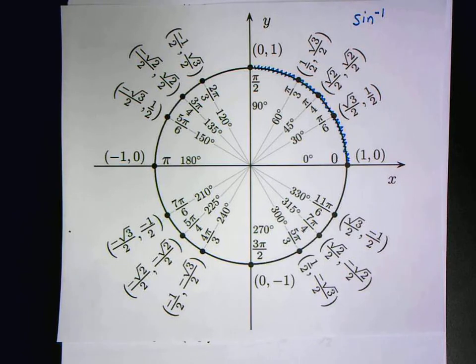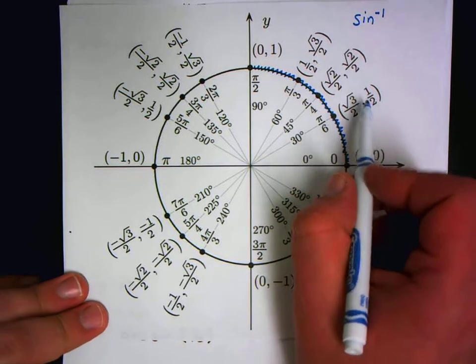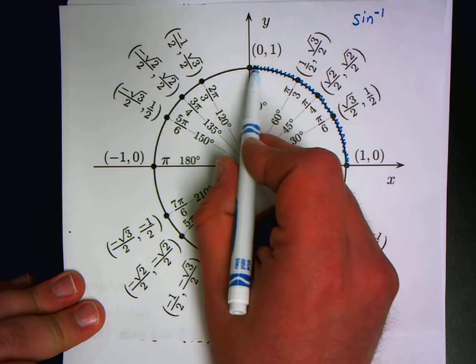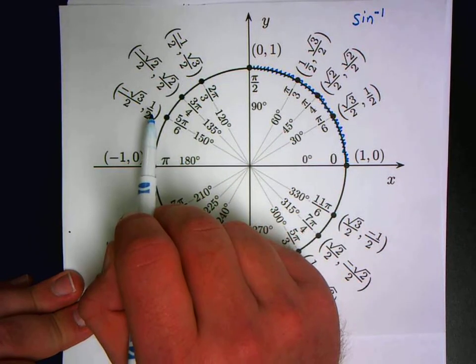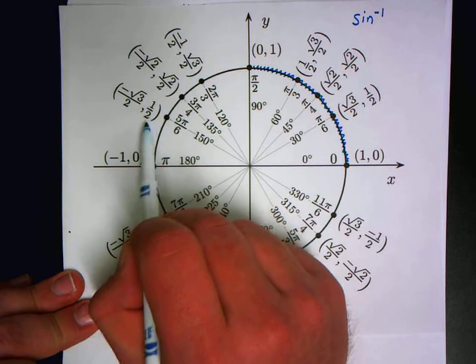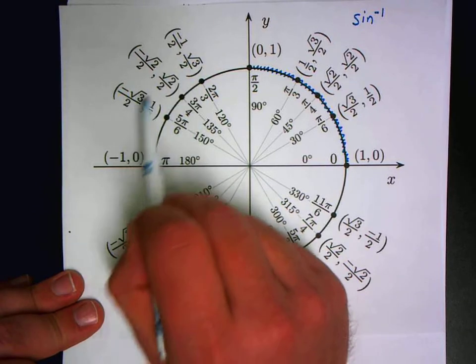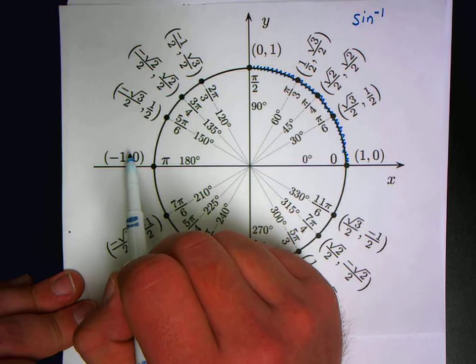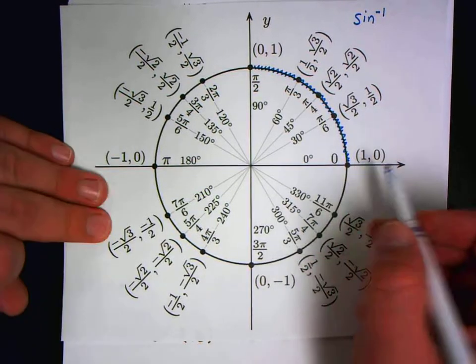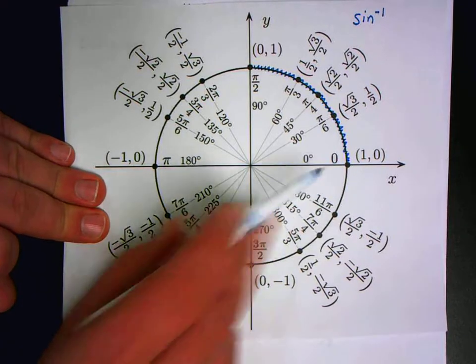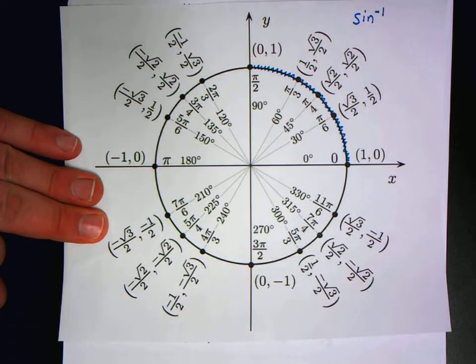Now, since sine is based off of the y values, if I go over here to the second quadrant, I start repeating. Because the y values repeat, don't they? So what I do is I come down here, because I want to make sure I get all the possible y values.